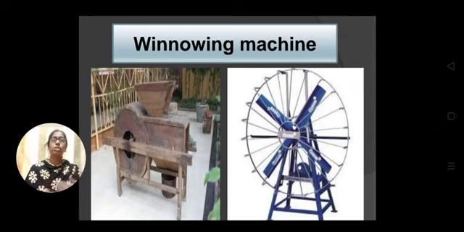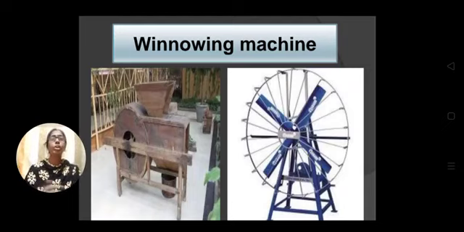These two have just opposite definitions. In the first one, seed is separated from the chaff. So now we have a mixture of chaff and seeds, but we need the seeds only. Chaff needs to be separated. In that case we have to go for winnowing, that is removal of the chaff from the seed.